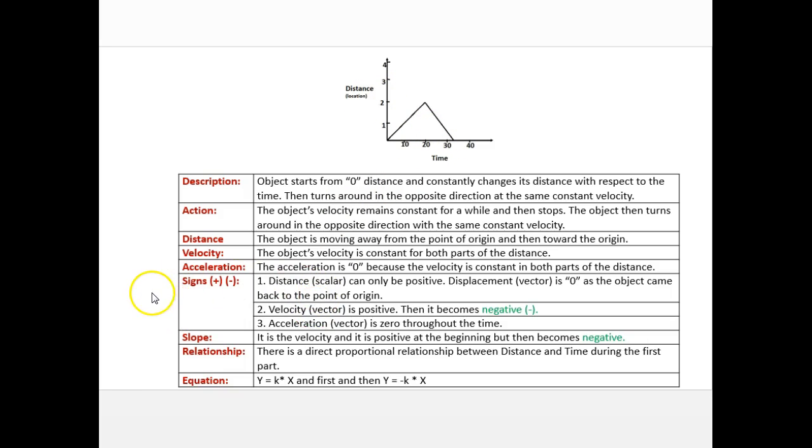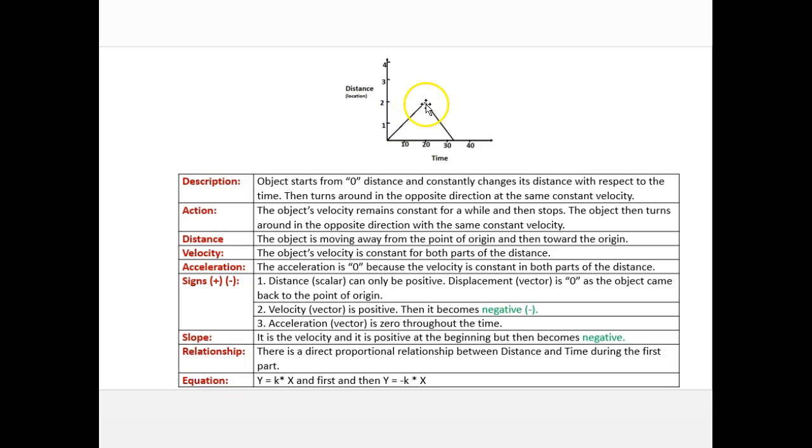Okay, the velocity is positive in this direction, and then you still have the constant velocity in the opposite direction. And of course, that constant velocity in the opposite direction makes it negative, so the velocity is negative. But because the velocity was constant here and constant here, the acceleration becomes 0 in both cases.